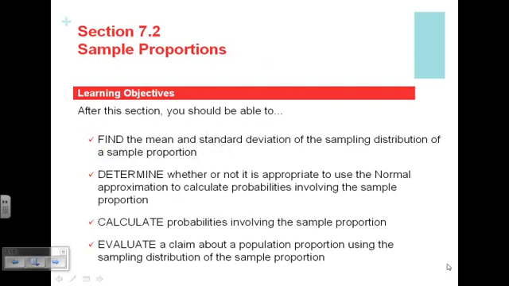What we're going to do is find out some very particular salient facts about how the mean and the standard deviation of the distribution of sample proportions look. We're going to talk about some conditions on which we can use these rules, and we're going to calculate some probabilities because we use low probabilities as evidence against a claim of fact.